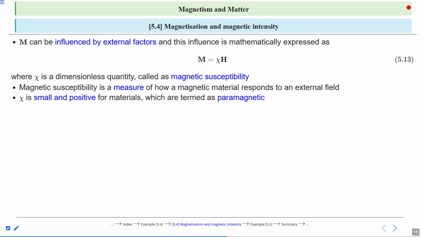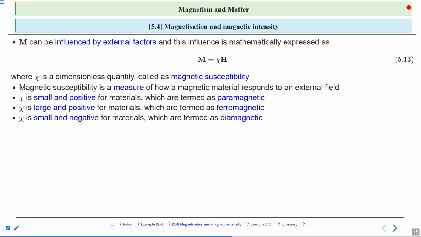Second, chi is small and positive for materials termed paramagnetic. We will discuss that in detail in tomorrow's lecture, but for a brief introduction, its value is small and positive for paramagnetic materials. The value of chi is large and positive for materials termed ferromagnetic, and chi is small and negative for materials termed diamagnetic.